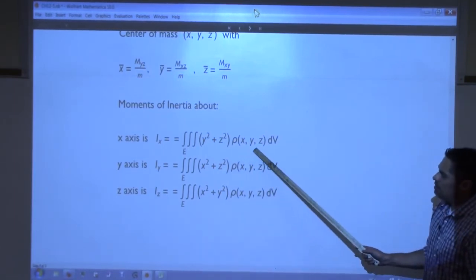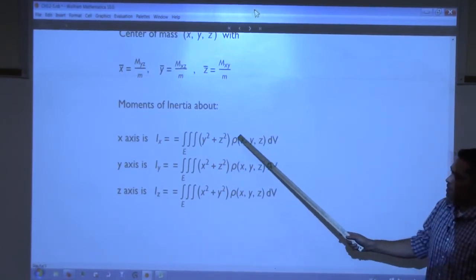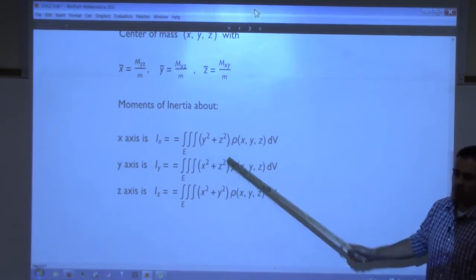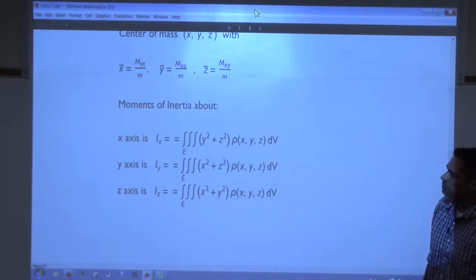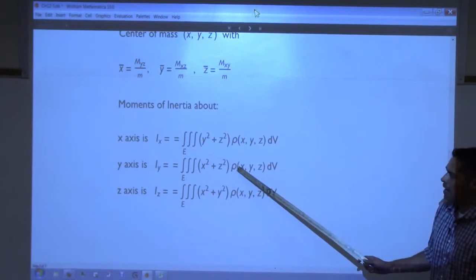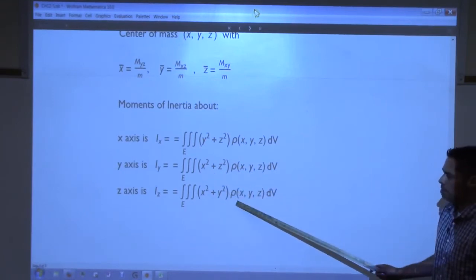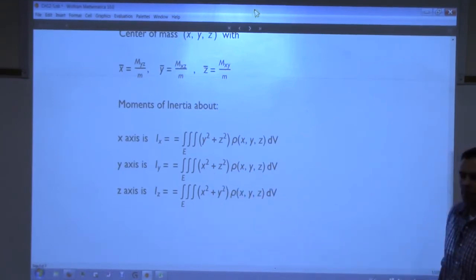Do you see that density function again? But you multiply by y squared plus z squared. And then the moment about the y-axis is this, and the moment about the z-axis is this. So you might imagine those could get pretty messy, but they're doable.